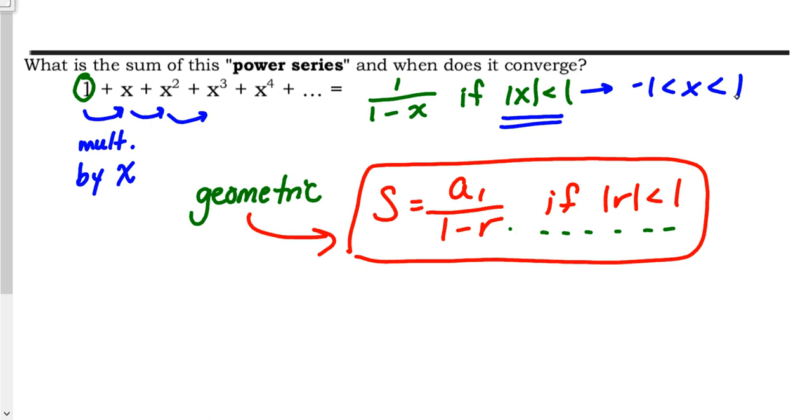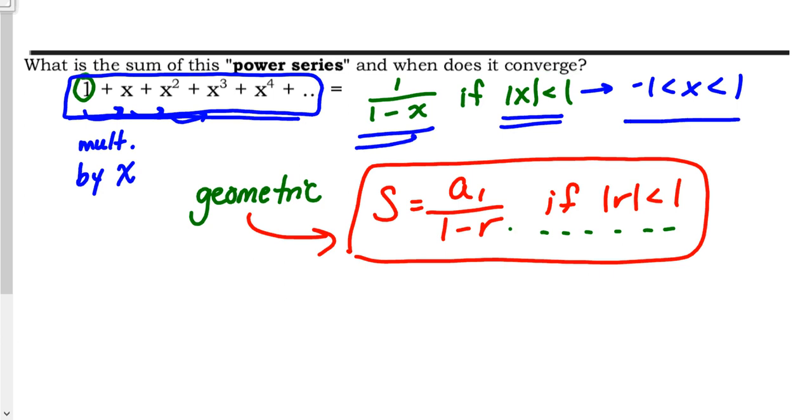Guess what? That's my interval of convergence. So this infinitely long polynomial power series is equivalent to just this little short statement if x is anywhere between -1 and 1.